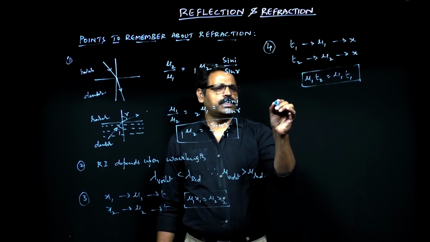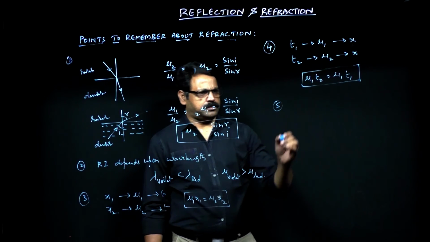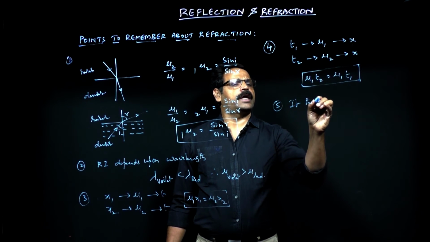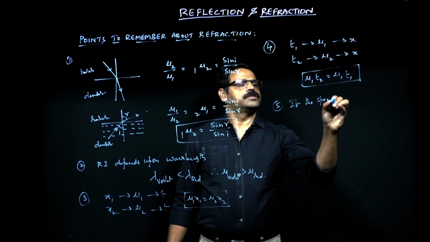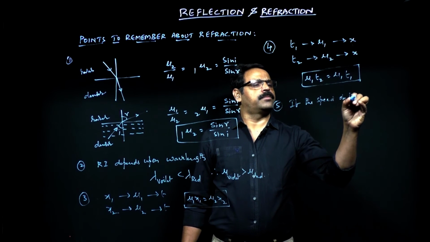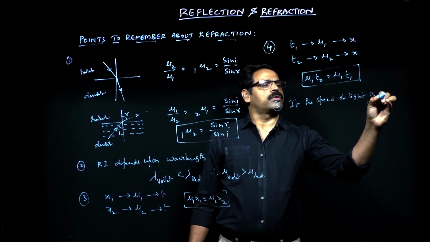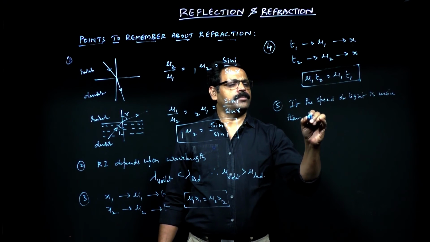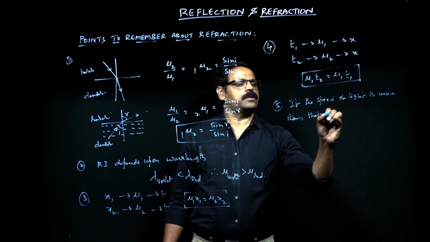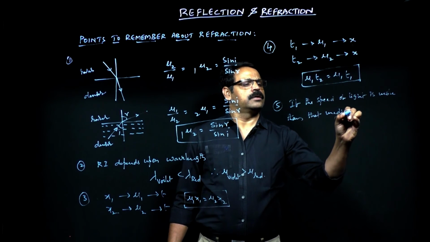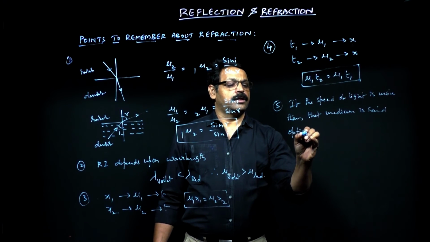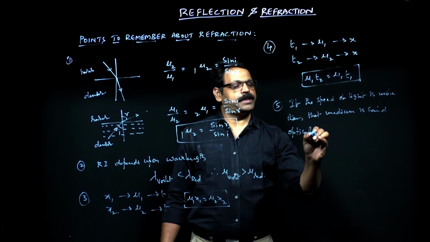One more point you need to remember here is, if the speed of light is maximum, if light is faster, then that medium is said to be optically denser, not materialistically, optically denser.